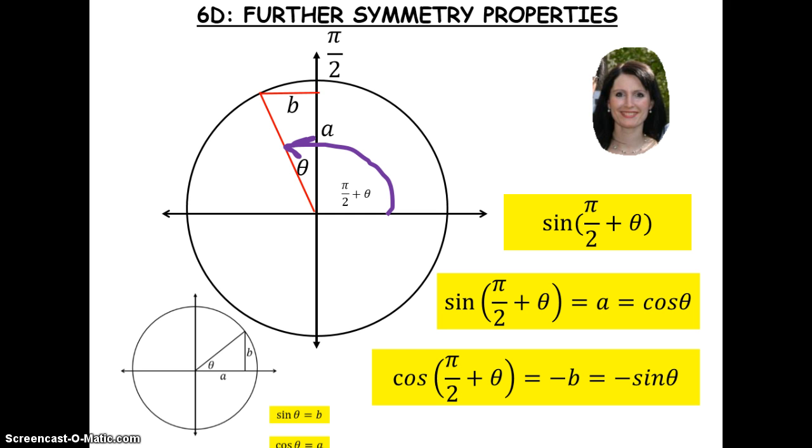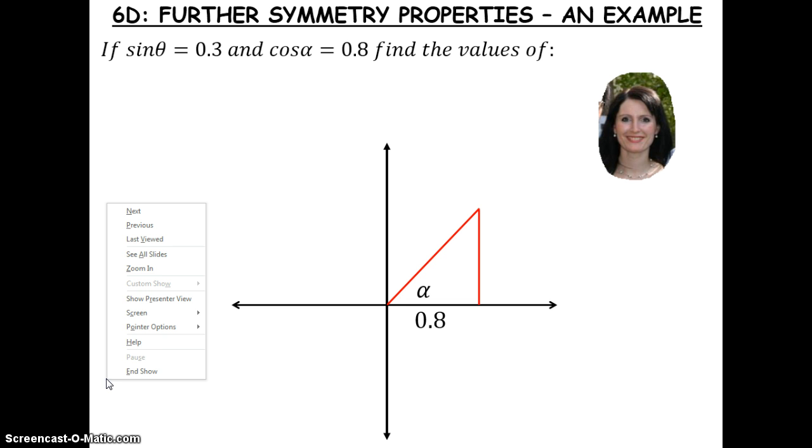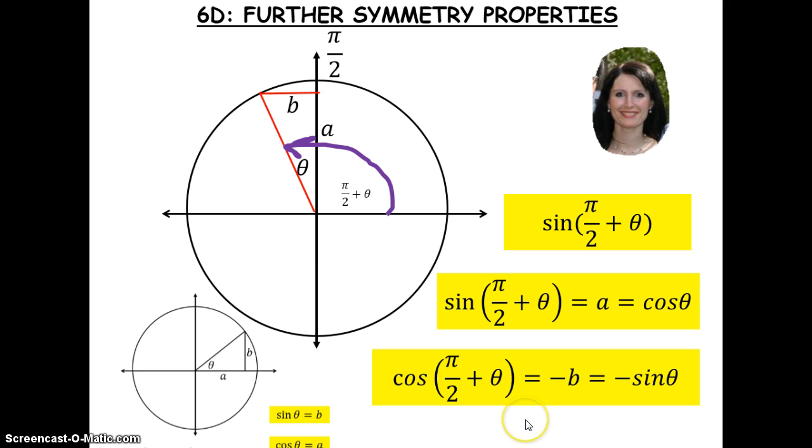The cos of pi on 2 plus theta is going to be our x value. You can probably already see that that is going to be negative B. Look at where the B is at the top there in our red triangle. It's in the second quadrant, and in the second quadrant it is a negative value. So it's negative B, which is negative sine theta of our original triangle over here.